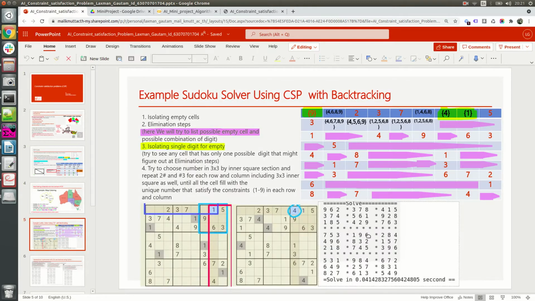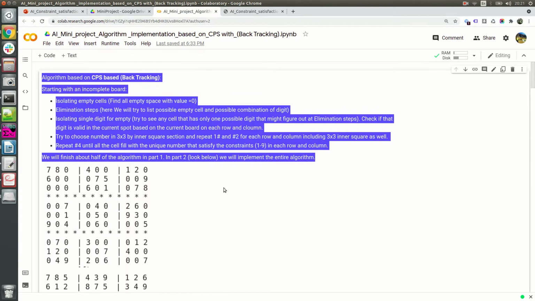This is the same problem which I have listed there, and I copied the solution from there to my code here, same thing. Now let's go here, we'll try to execute.